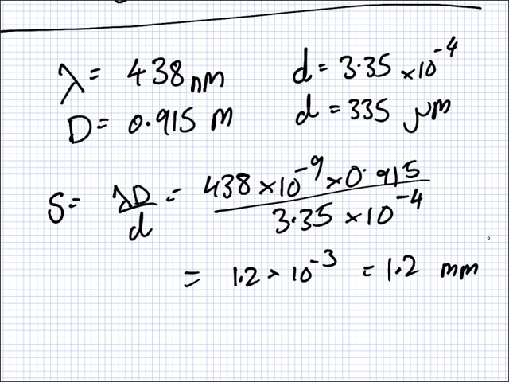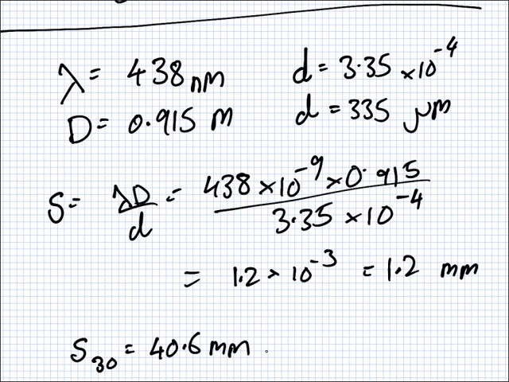The screen is moved further away from the double slit and the distance measured across 30 fringes is 40.6 millimeters.